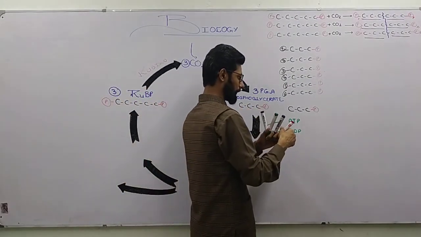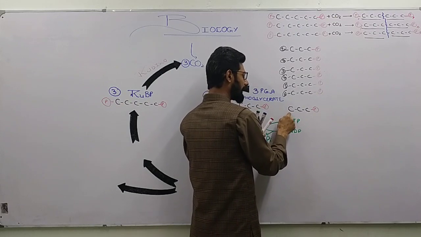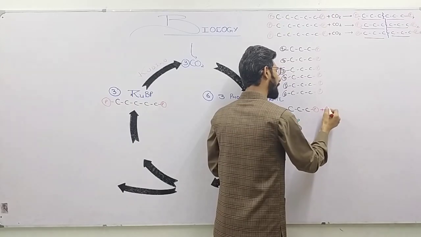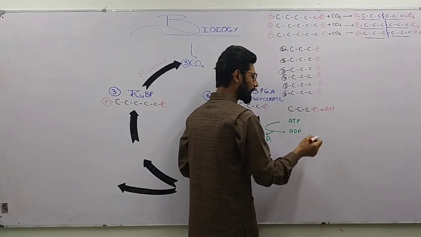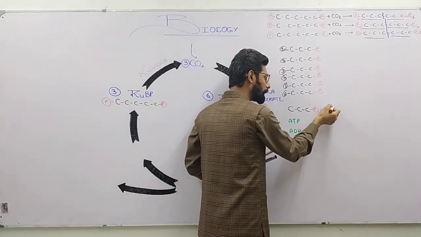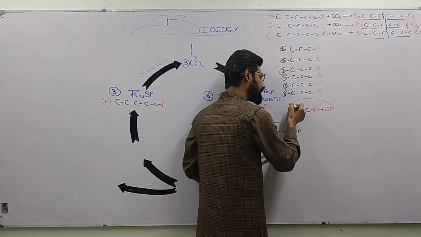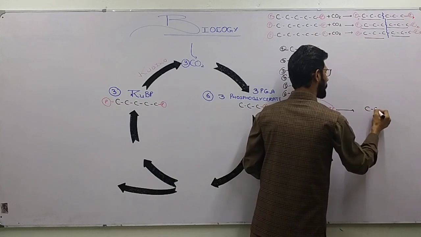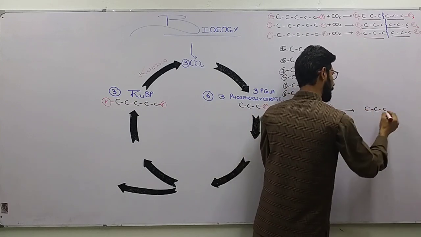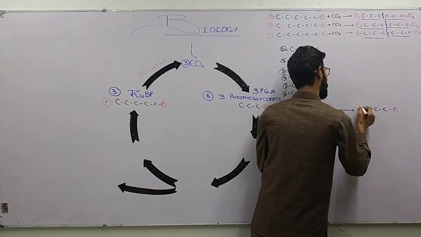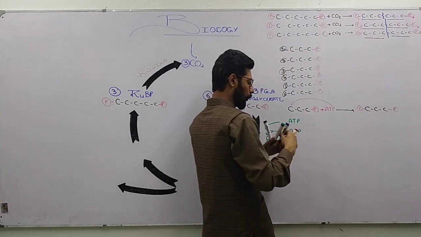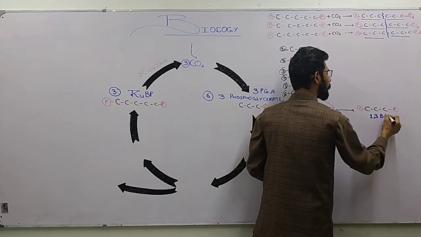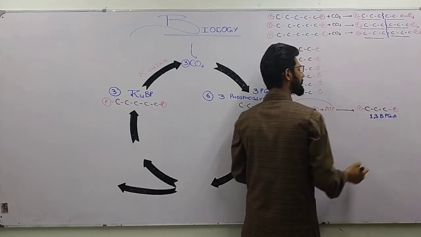Like this, when the 3-phosphoglycerate is treated with ATP, one phosphate of ATP adds on the carbon number 1 to form 1,3-bisphosphoglyceric acid.